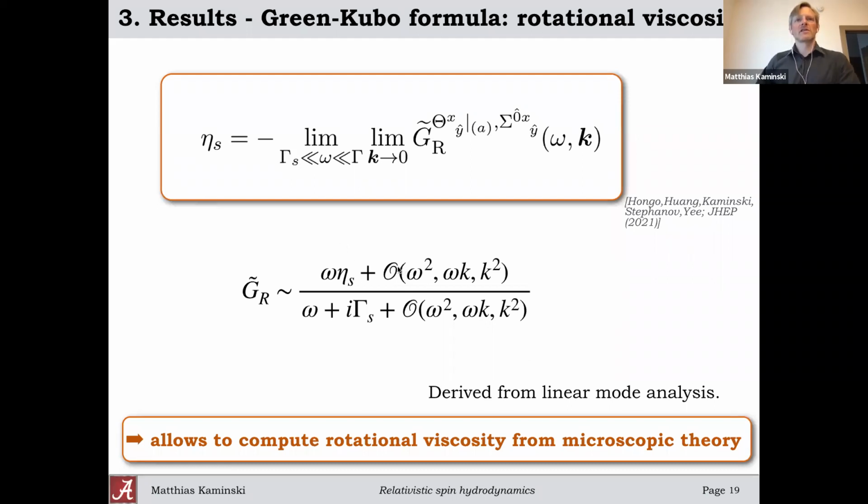If you look at the correlators that you get from the linear mode analysis, from linear response theory, you get a form that looks like this. This gap term is normally not present if you have pure hydrodynamic modes. The hydrodynamic modes have a vanishing gap, so for a hydrodynamic mode gamma s would be 0, and from this type of formula you get eta s directly.